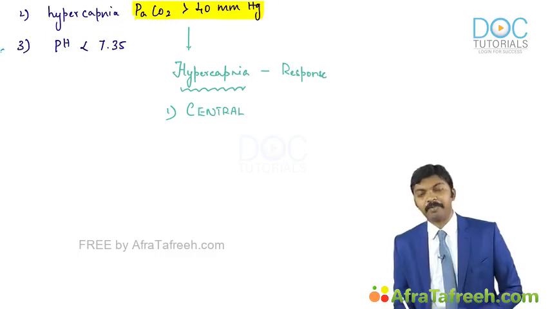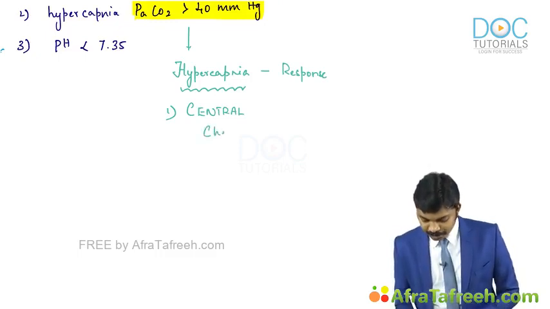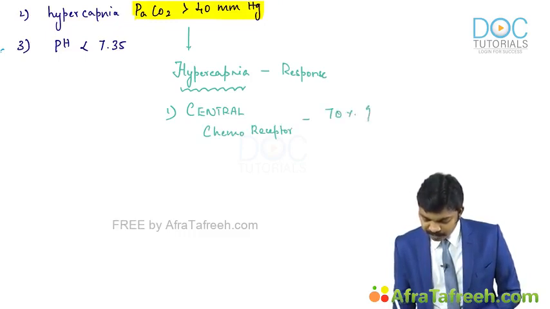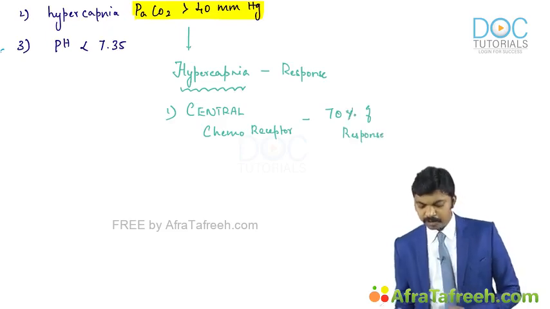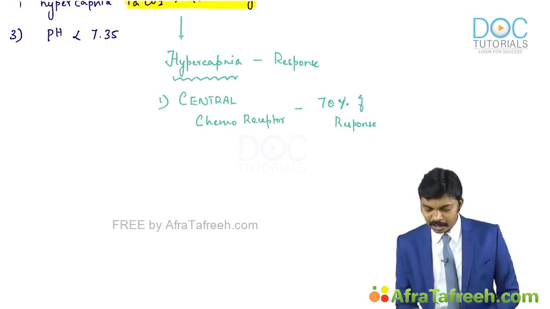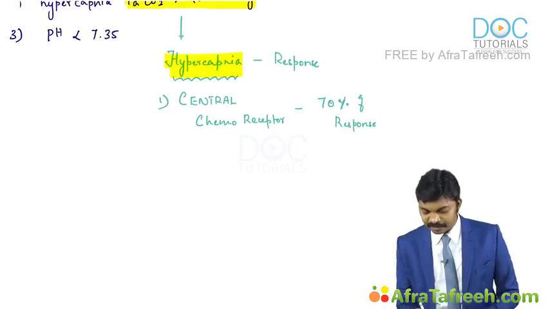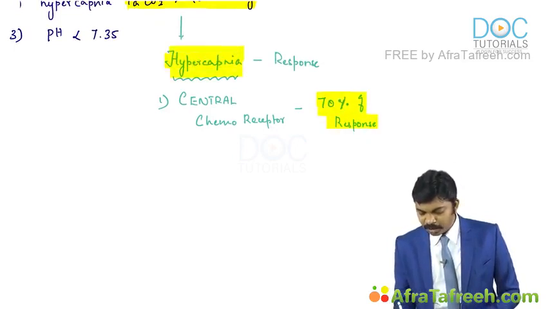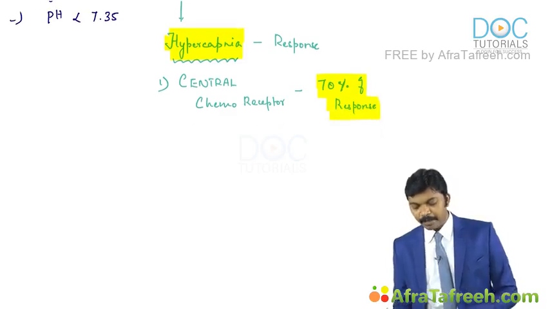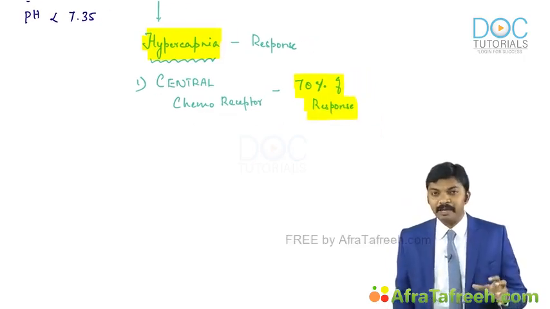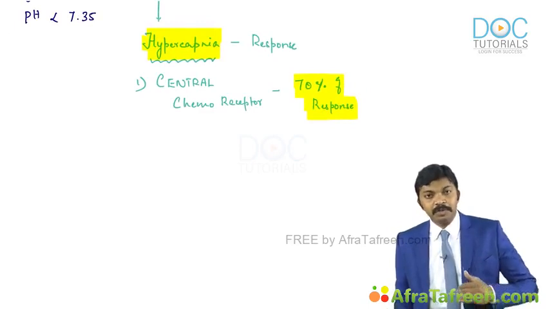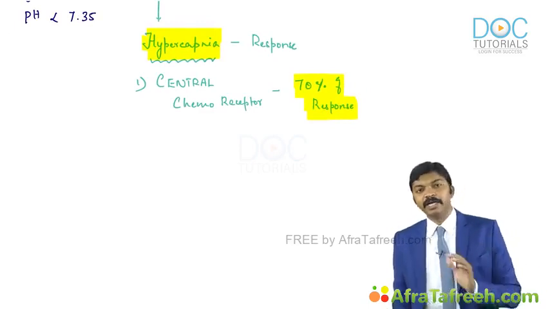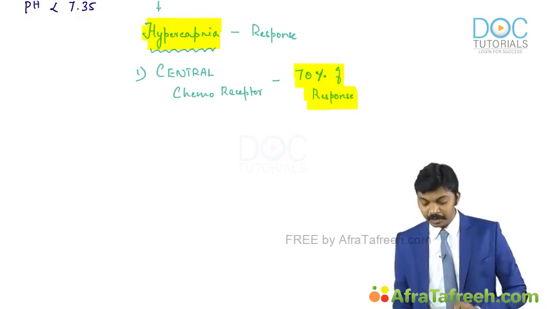The response to hypercapnia comes primarily from central chemoreceptors, about 70% of the response. Very important. So, if the question is asked the other way, the receptor which senses hypercapnia and contributes a major role in regulating it is the central chemoreceptor.